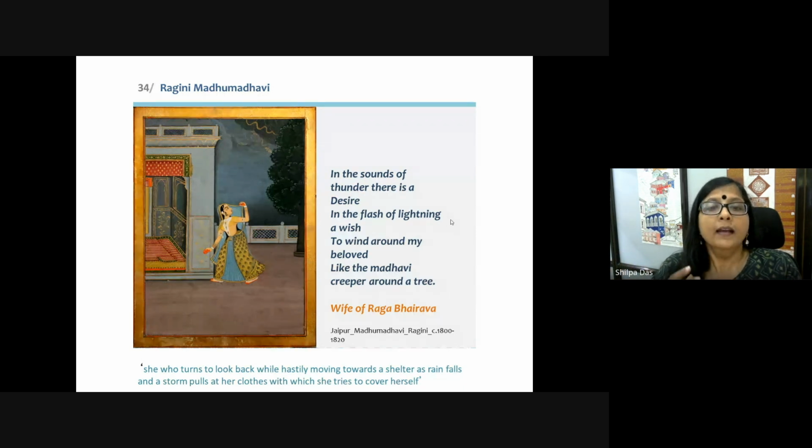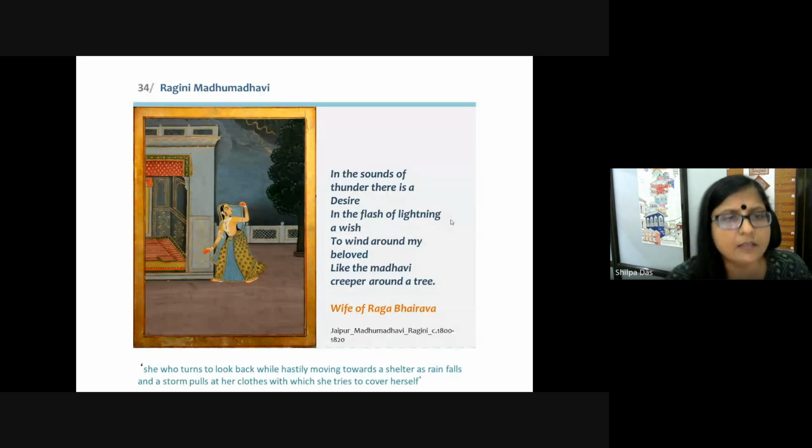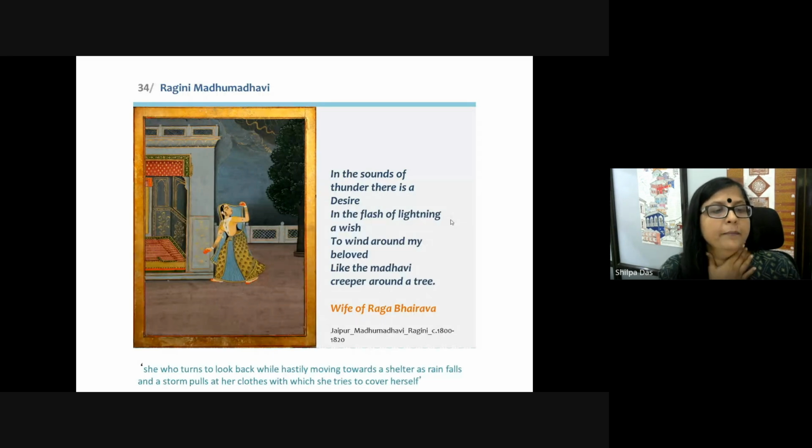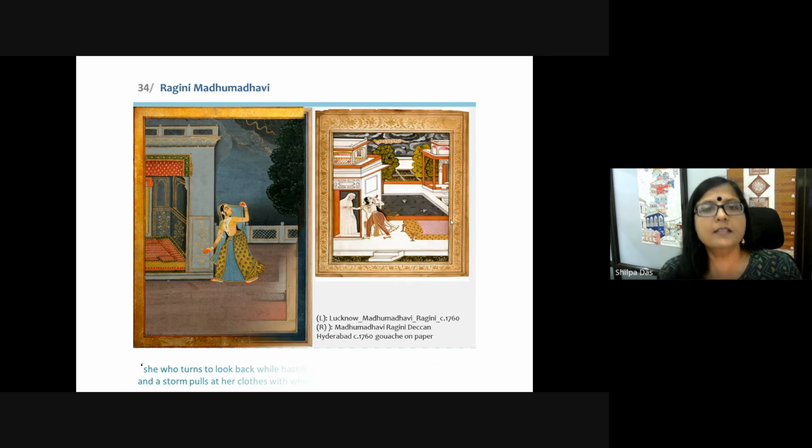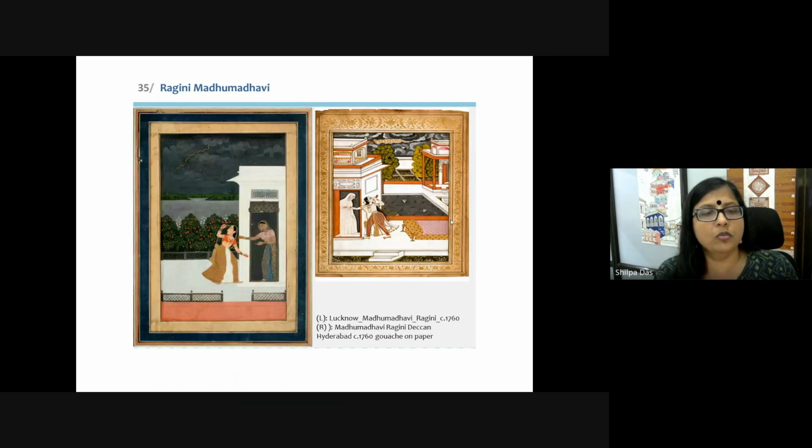And she looks back at that last moment to see whether it has started raining. And usually, not in this one, but in some others, you can see a bed inside that interior, which again expresses her longing, the rising tide of desire, and the artist usually catches this mood to perfection.